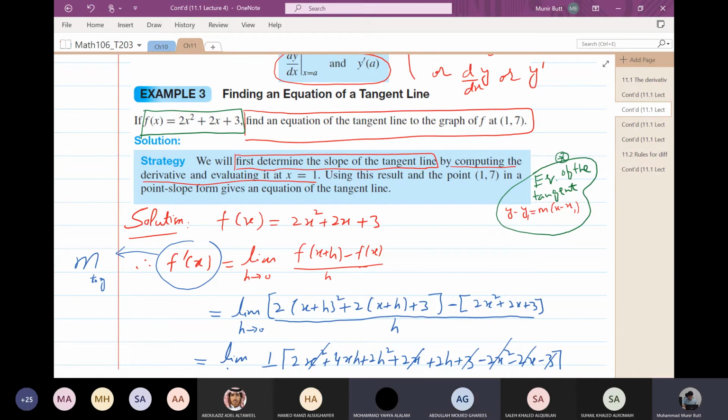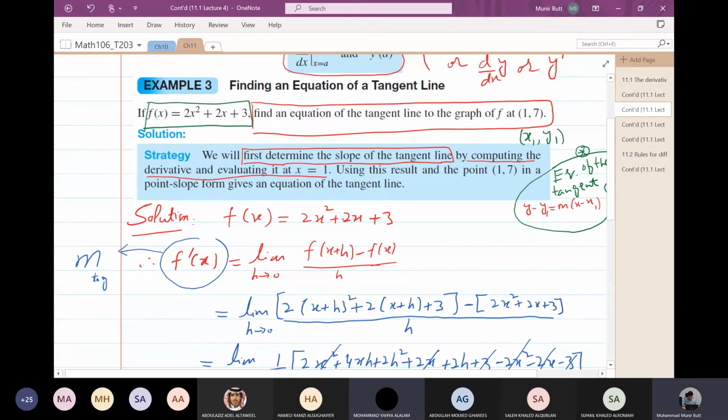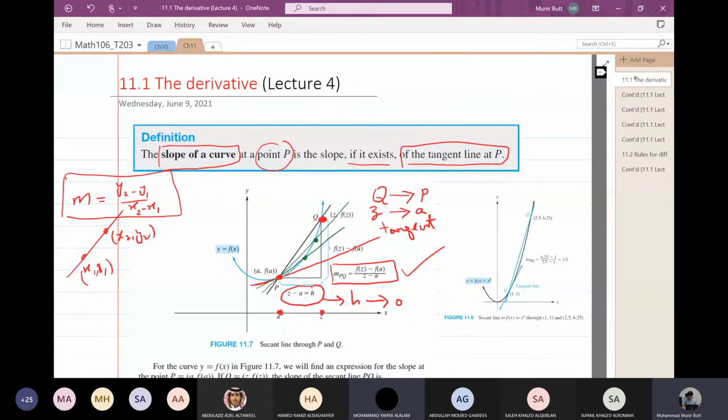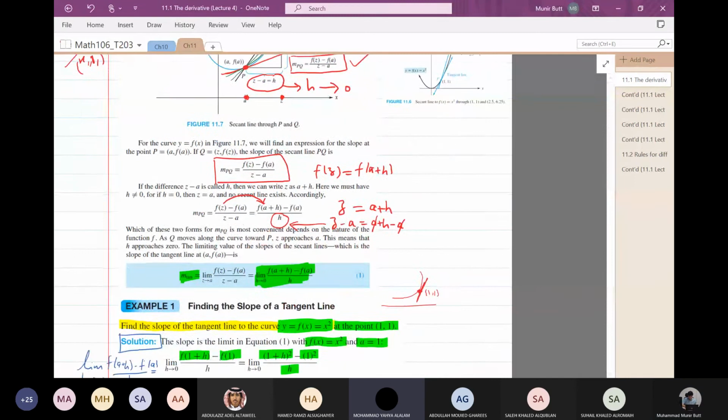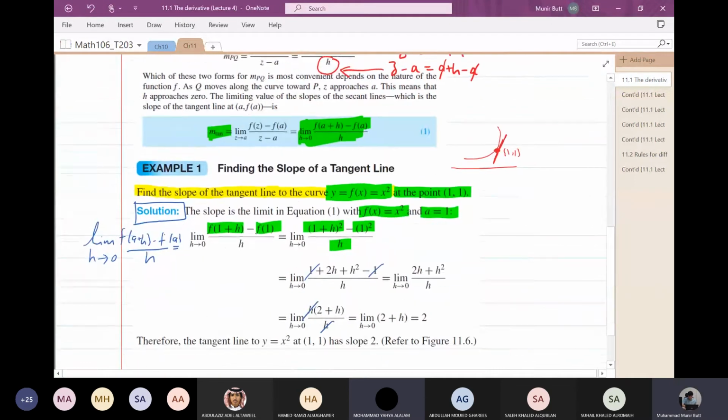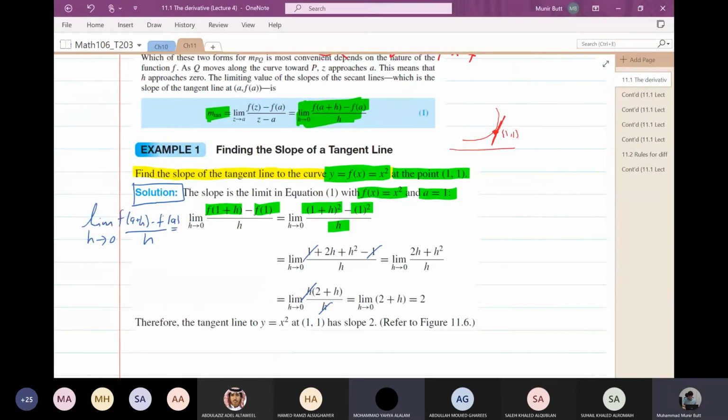Doctor, the first equation you showed us, which is the m tangent, with a instead of x. Which first equation? This one? No, I think it was in the first page. First page? This one? Yes, can you go down just a little bit? Yes, this one, m tangent.